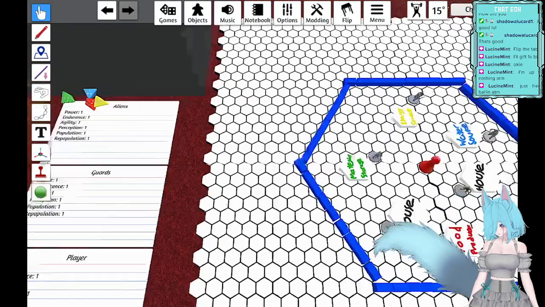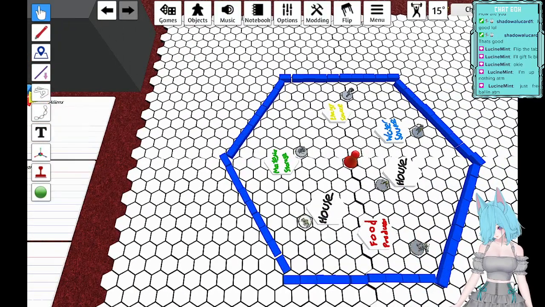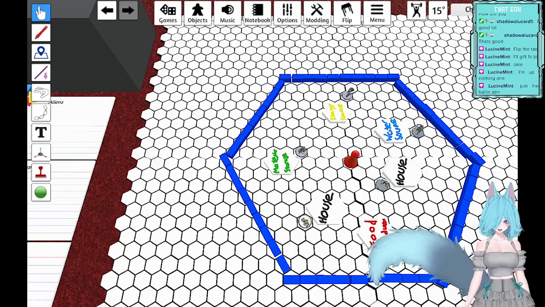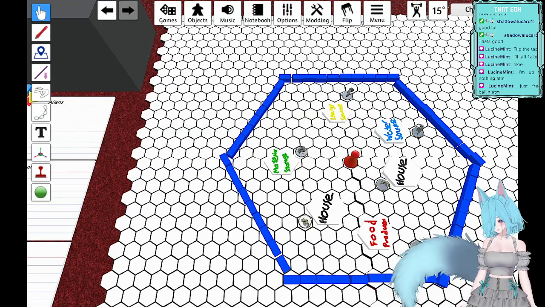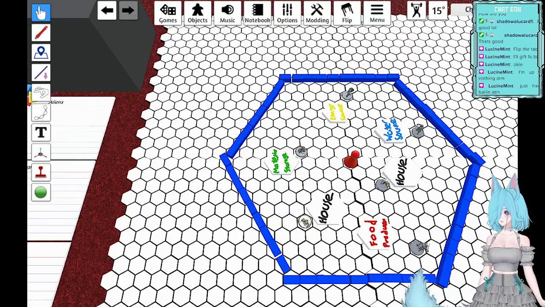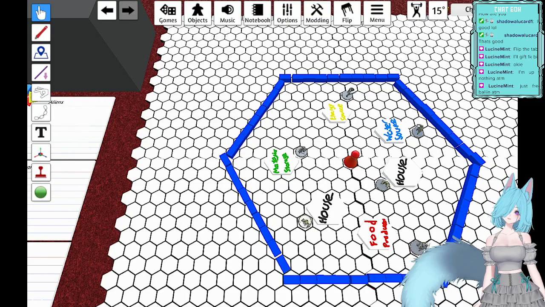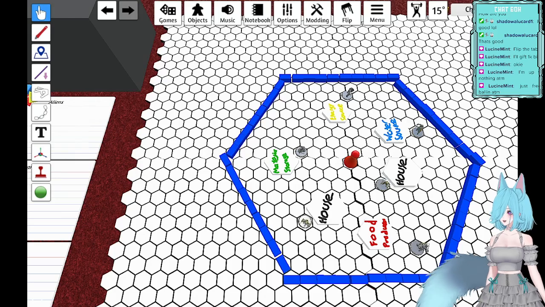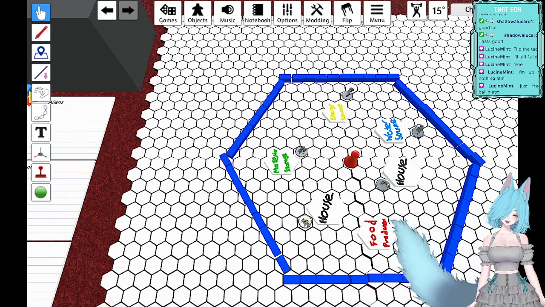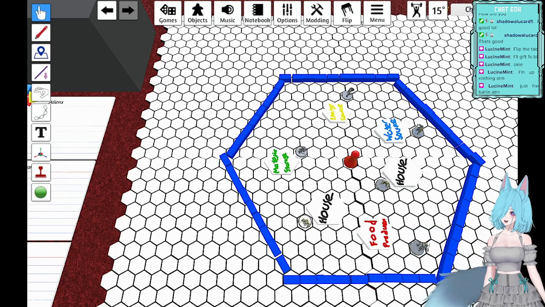As for the civilians, if all civilians die, we lose. If we die, we lose. Technically, all guards are allowed to die, just the civilians are not allowed to die.